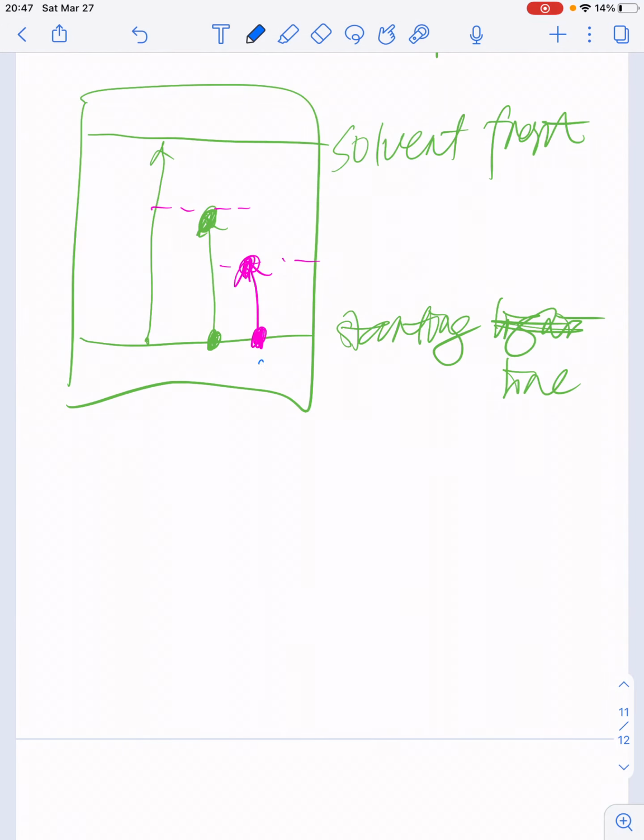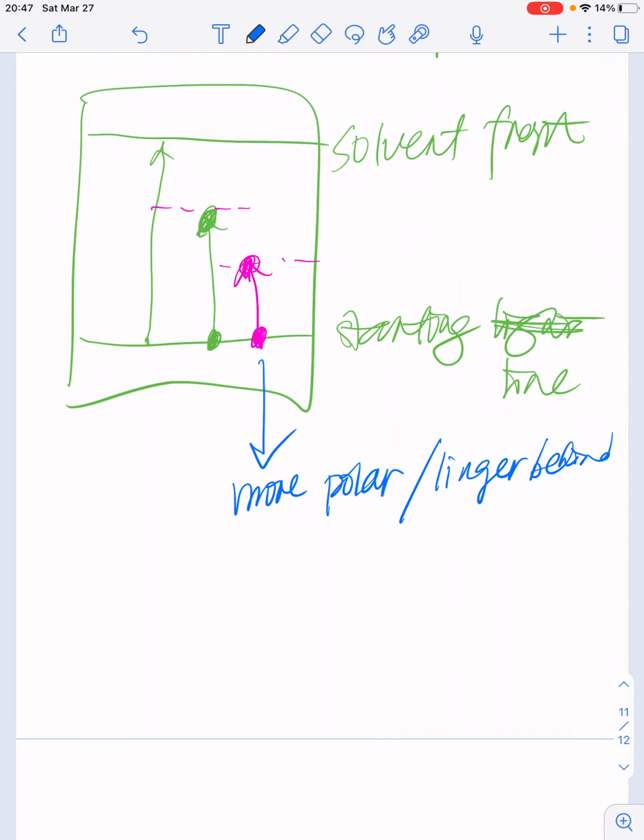Then we would predict the purple dot to be more polar because it tends to linger behind and have a smaller Rf value.